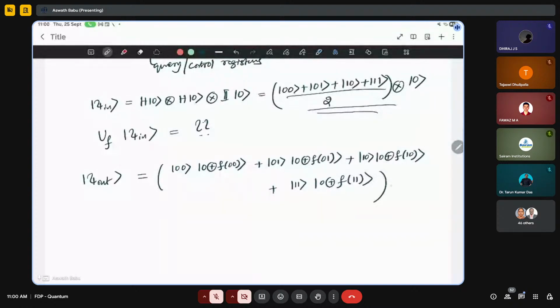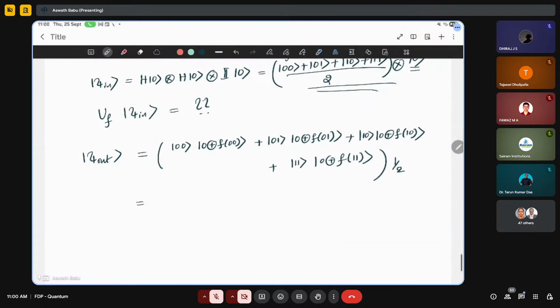This entire thing is divided by 2. I have not done anything else. Target is 0, and for every case I am adding the functional form of the control value. You are adding 0 to all these functional values, so you are not going to change anything.